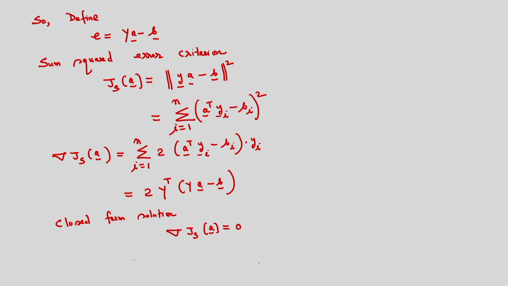So we can move to the next slide. What is the closed form solution from the previous slide? The gradient of JSA, equating it to 0, is nothing but 2Y transpose (Ya minus b) equal to 0, where b is the margin vector.